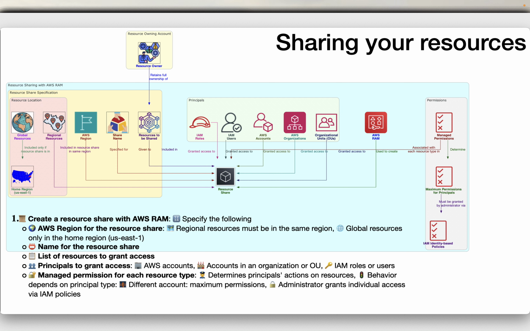The permissions granted in those policies cannot exceed those defined in the permissions attached to the resource share. So you have source and target. If the source is giving the maximum possible, then the target can reduce it, but it cannot override it, or give more than what the source account has given.